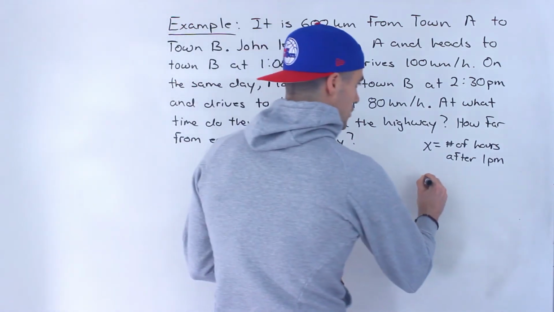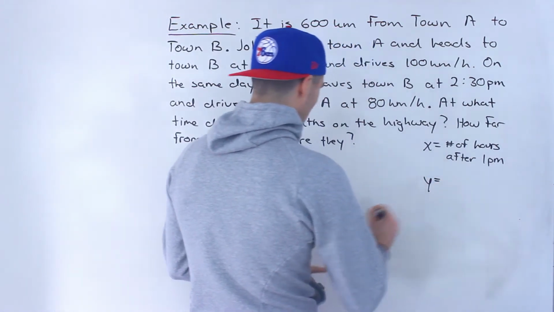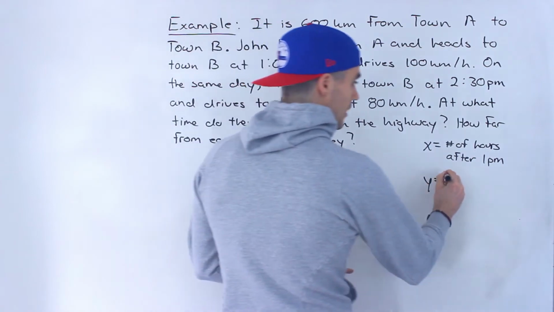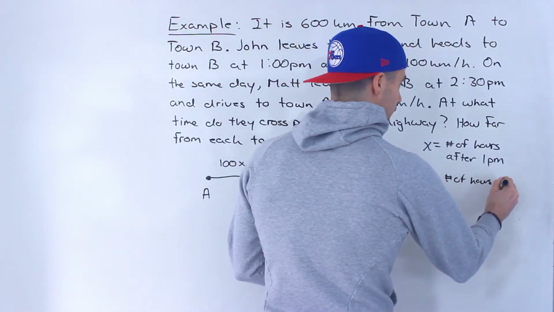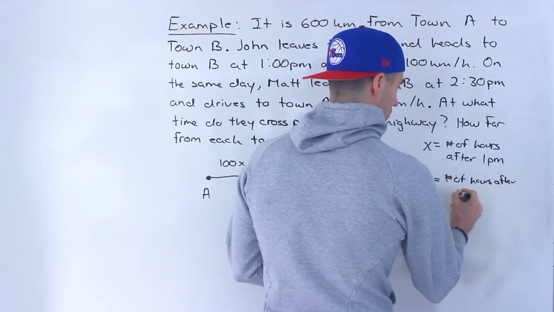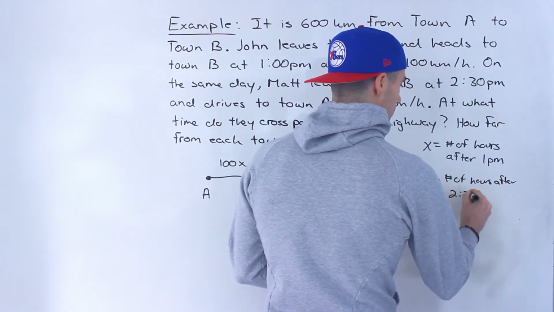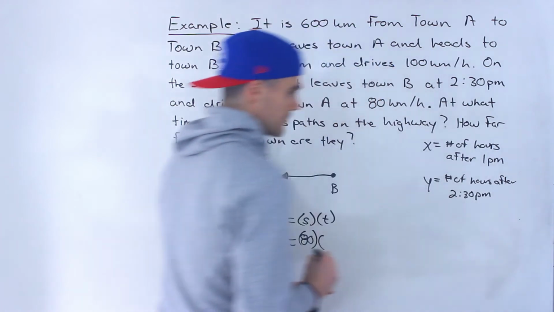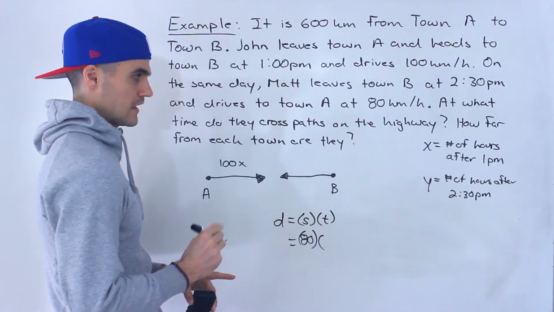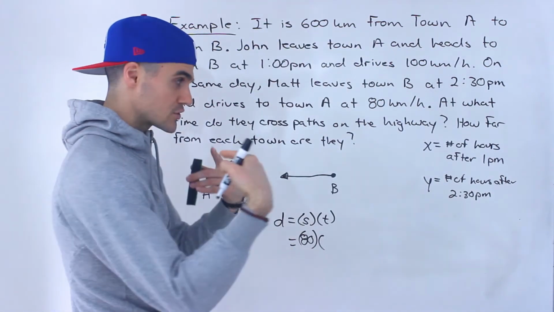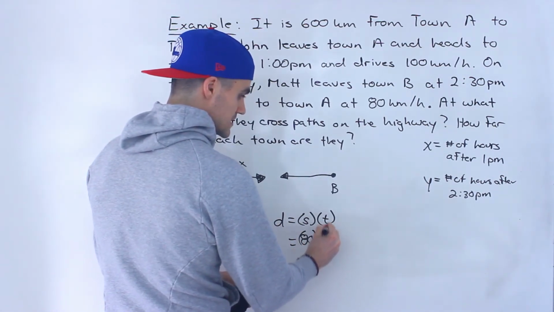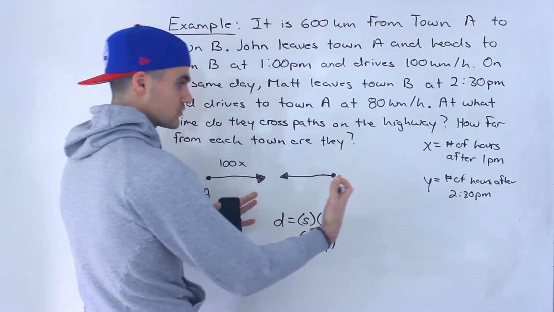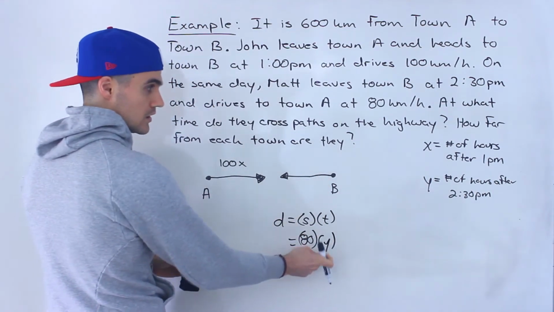Let's introduce a new variable here. We'll let y be the number of hours after 2:30 p.m. Then the total time that Matt has driven would just be y.